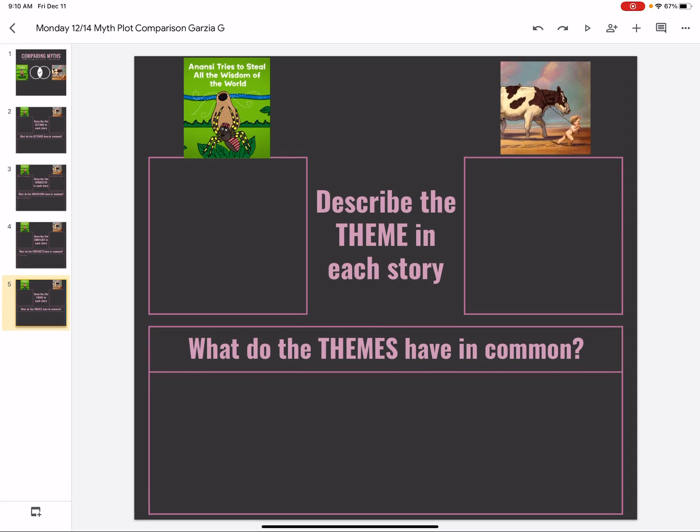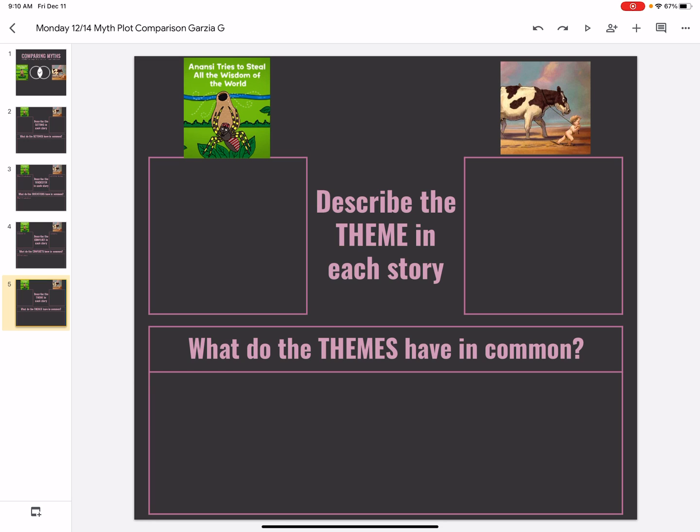So, last one, you're going to describe the theme. Theme is the lesson learned. So the theme of Anansi Tries to Steal the Wisdom of the World. What lesson did Anansi learn? And then we come over to Hermes. What lesson did Hermes learn? The theme of Hermes and Apollo's Cows is, so what did he learn?